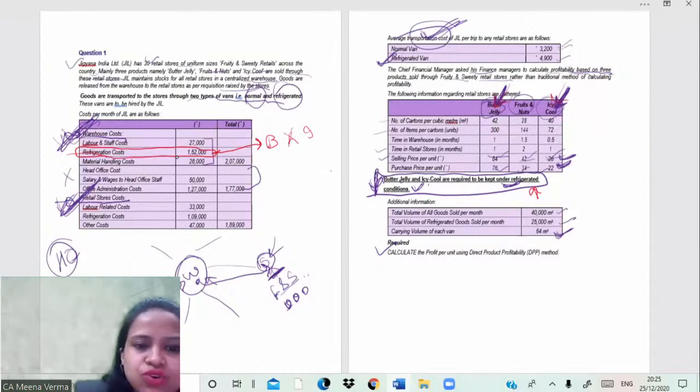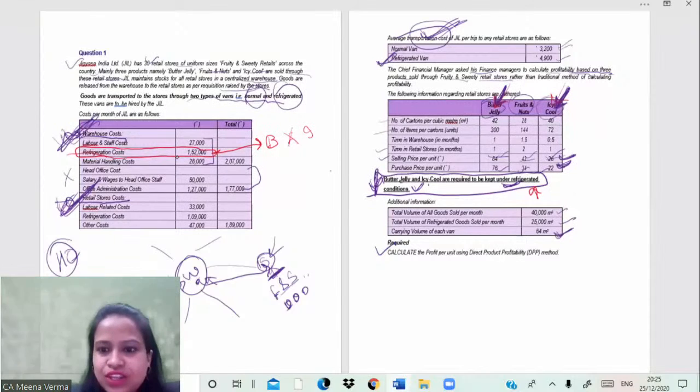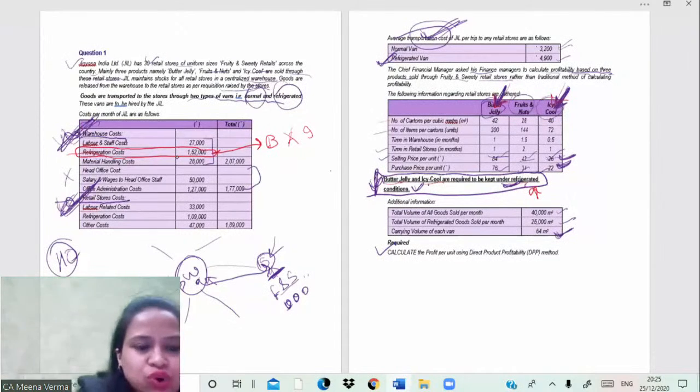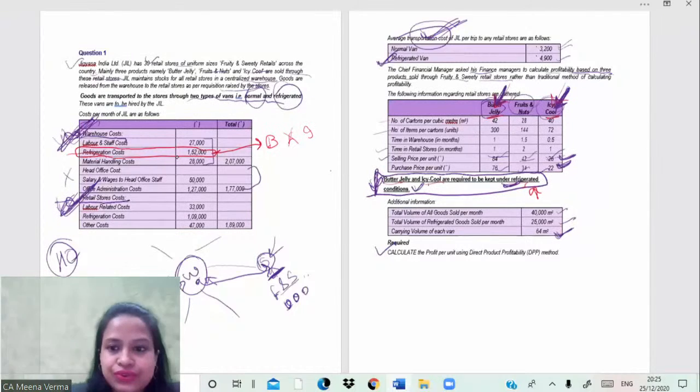We will not apportion this cost to fruit and nuts. So we will use this information. So the refrigeration cost will be apportioned only to butter jelly and icy cool. I hope this is clear to all of you.